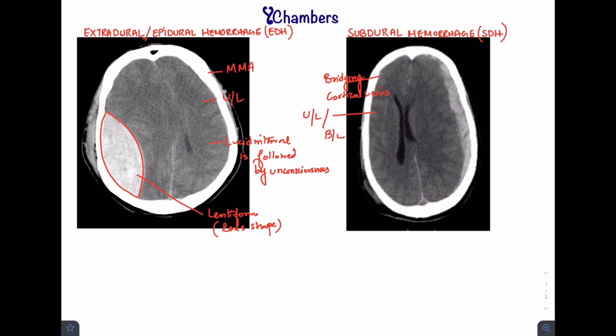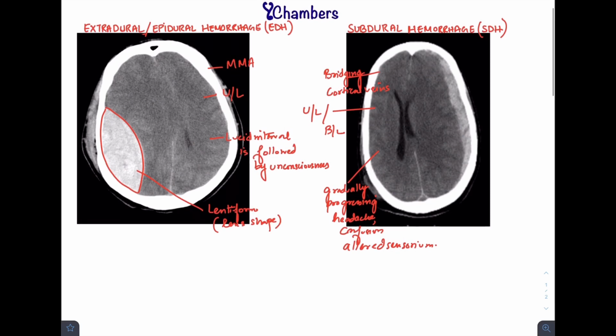But in subdural hemorrhage, there will be a gradually progressing headache, and the patient will show confusion, which will finally end in an altered sensorium.